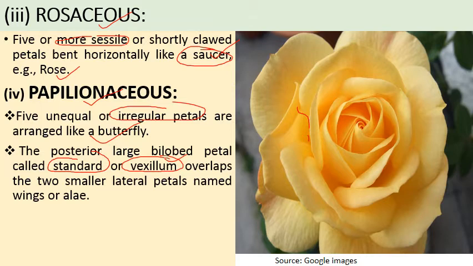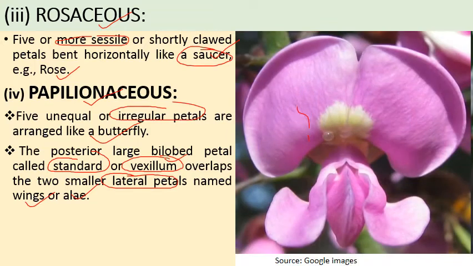That posterior petal, which is bilobed, is called the standard or vexillum. It overlaps the 2 smaller lateral petals named wings or alae, as we will see in the diagram. This arrangement of petals gives the appearance of a butterfly.